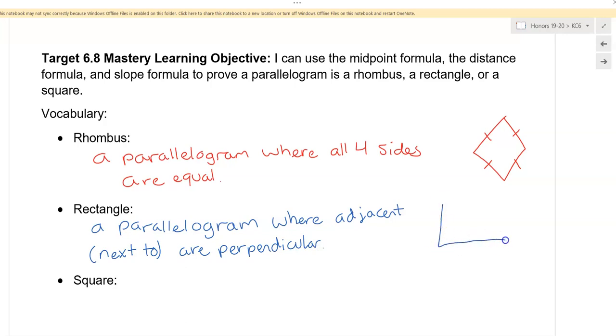Okay, so if I draw a rectangle, right, it's a parallelogram. It has opposite sides parallel, all that. The only thing is this side and this side, they're next to each other, so they meet at a right angle, right? They're perpendicular. And that's true for all the sides.